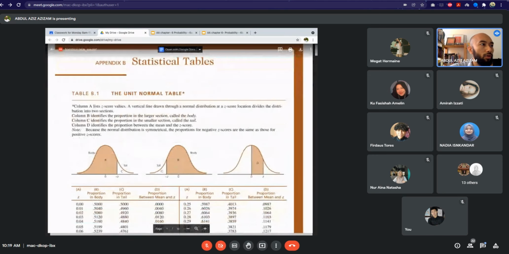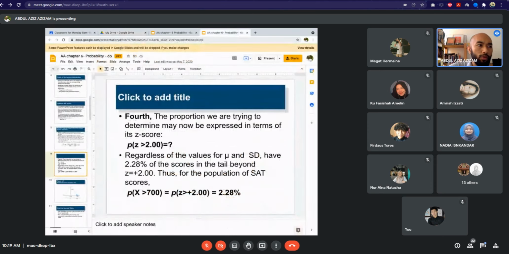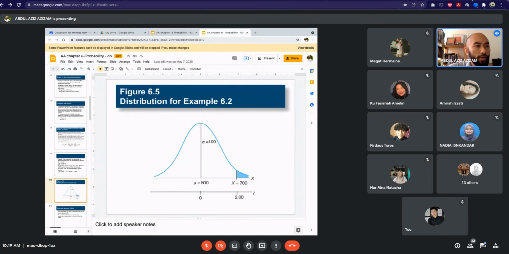Okay. This is the unit normal table. Untuk kita dapat jawapan, macam mana dia dapat jawapan 2.28 ini, kita tengok dulu position dia. So kita nak tengok tadi, daripada X score dapat 700, kita transform kepada Z score, and then kita nak portion area ni. Area yang shaded area ni, kita nak tahu berapa proportion dia.